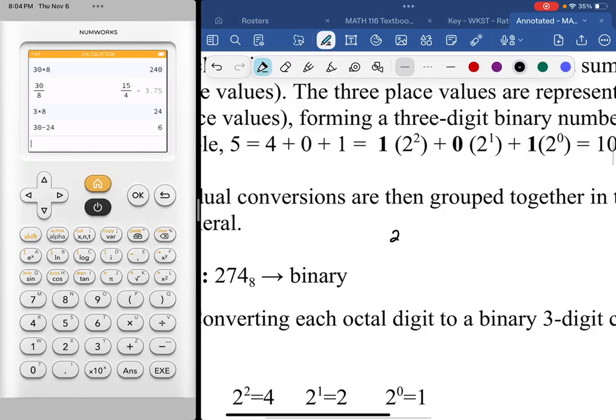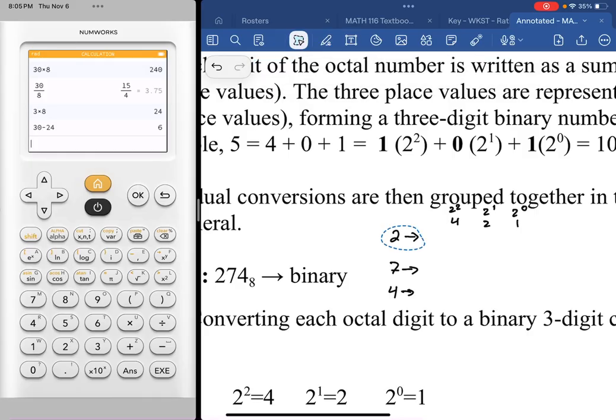I would look at the 2, the 7, and the 4, knowing that I'm using powers of 2, which is, again, 2 to the second, 2 to the first, 2 to the 0th, which amounts to 4, 2, and 1. You make a little table out of it if you want. Some people are really good at doing this in their head.